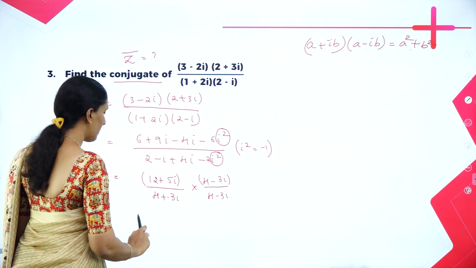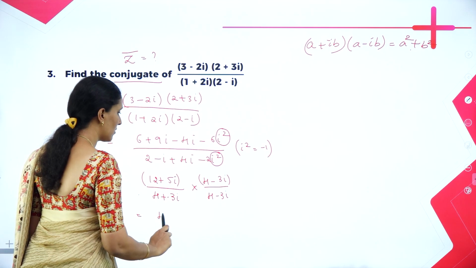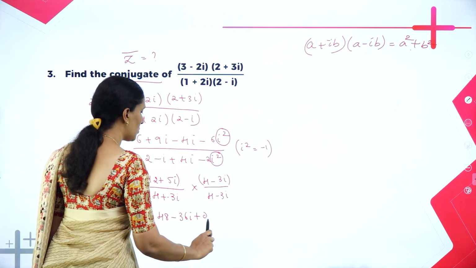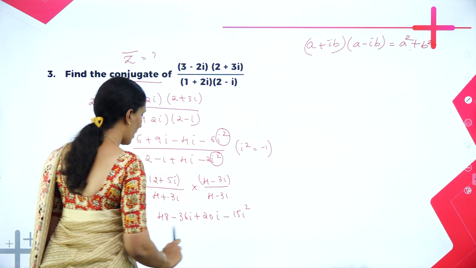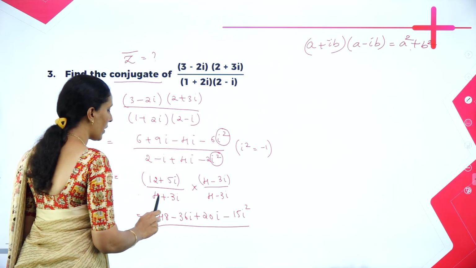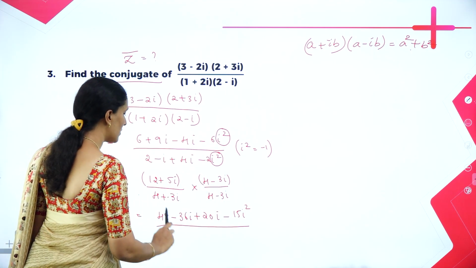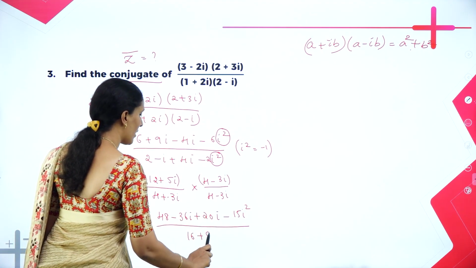Now here when you multiply it, you will get 12 fours are 48 minus 36i plus 20i minus 15i square, whole divided by, so a plus b, a minus b means it is a square plus b square. So this is 4 square, which is 16, plus 3 square, 9.